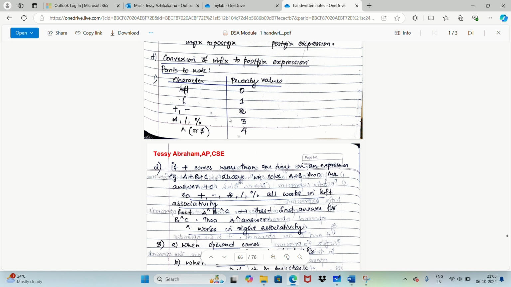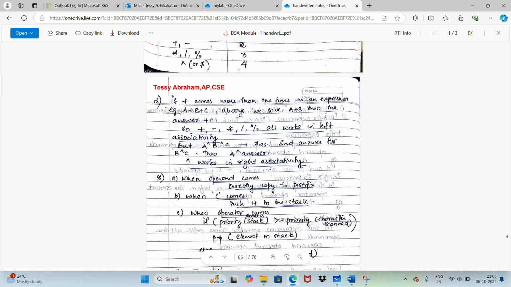Then, whenever an operator comes, you always have to consider its associativity. Always remember plus, minus, into, slash and modulo all have left associativity. Always evaluate that expression from the left.